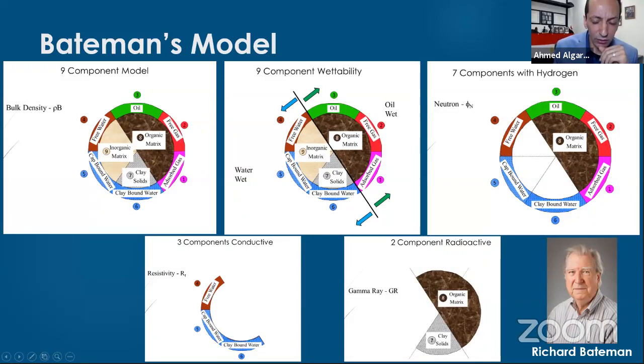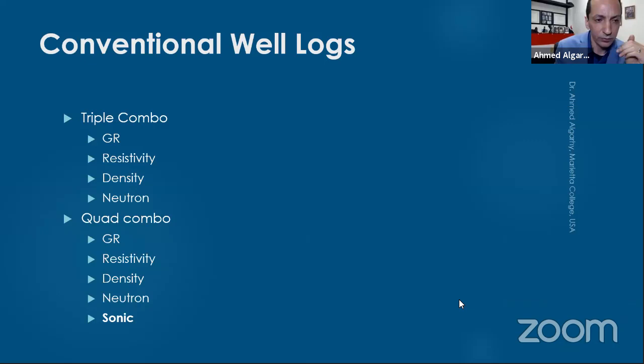For the resistivity or the electric conductivity, I can get the 3 components of water. And finally, for the gamma ray, the radiation, the organic matrix, I told you it has some extra uranium, so it has some radiation. And also the clay itself has some radiation because of the uranium, thorium, and potassium.